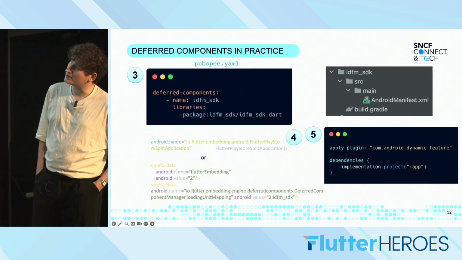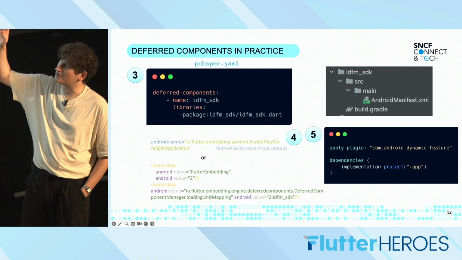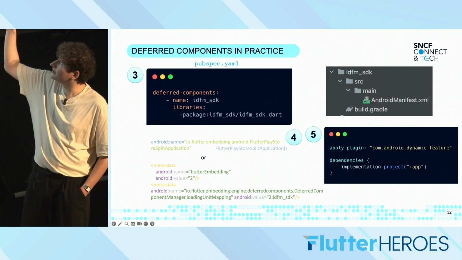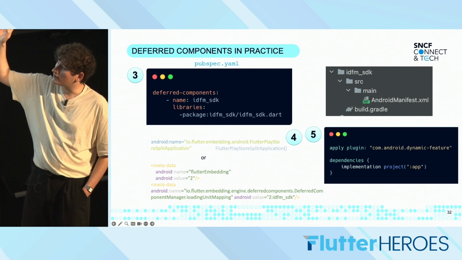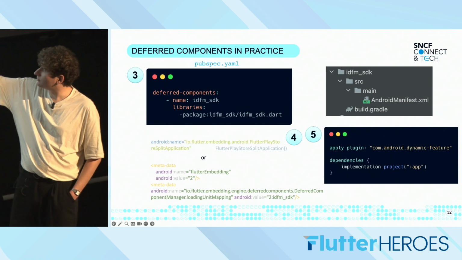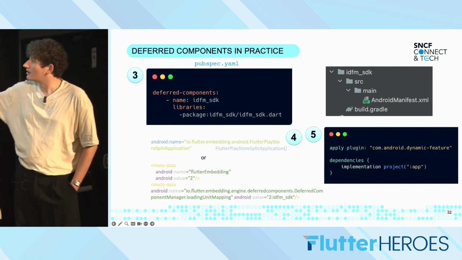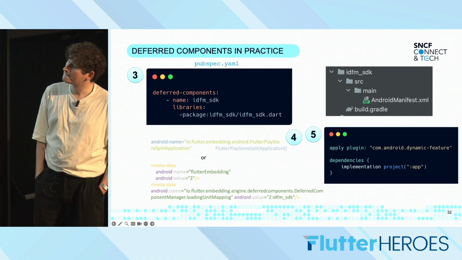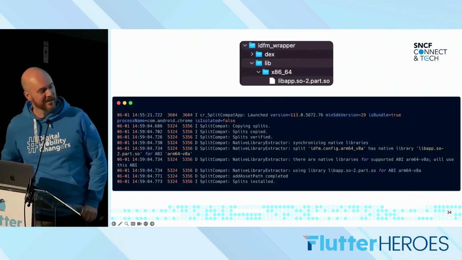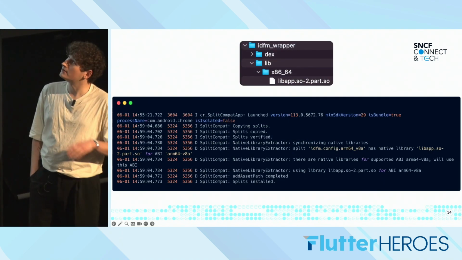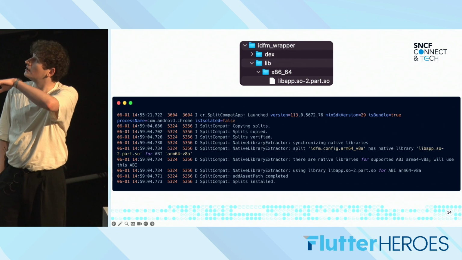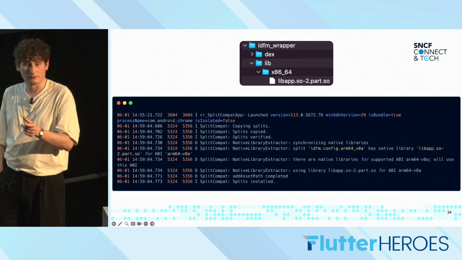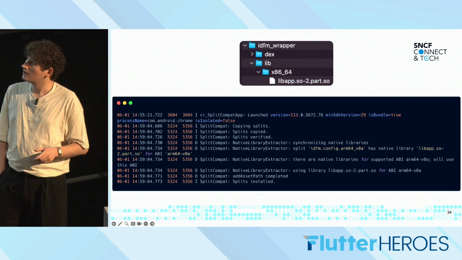That's the good part. The compiler is your best friend. You can do some plumbing. You just have to declare in the pubspec, in the Android manifest, in the build.gradle, sorry, and you're good to go. And once that's done, after the plumbing, you can observe a magnificent .so file in the archive which was generated.